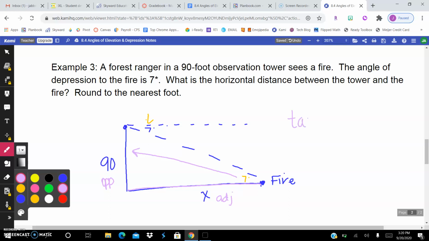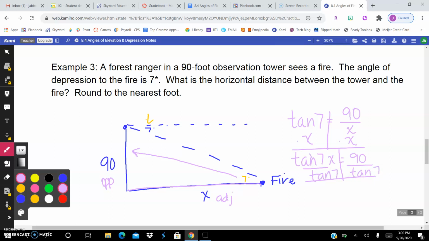So the tangent of 7 is going to equal our opposite number, which is 90, over our adjacent number, which is x. So I would have to multiply both sides by x. So the tangent of 7 times x is going to be equal to 90. And then I'm going to divide both sides by the tangent of 7 to figure out what x is.